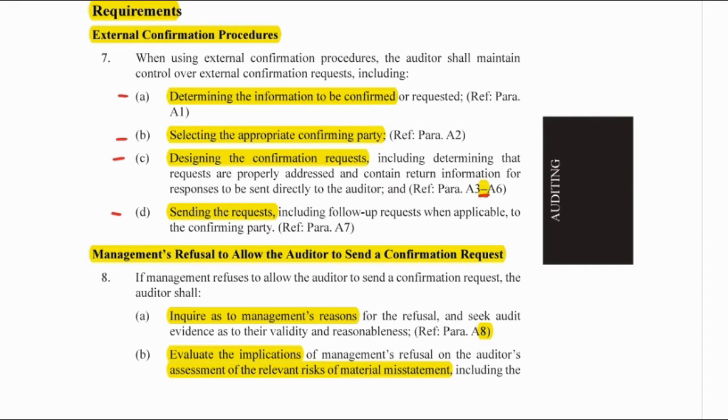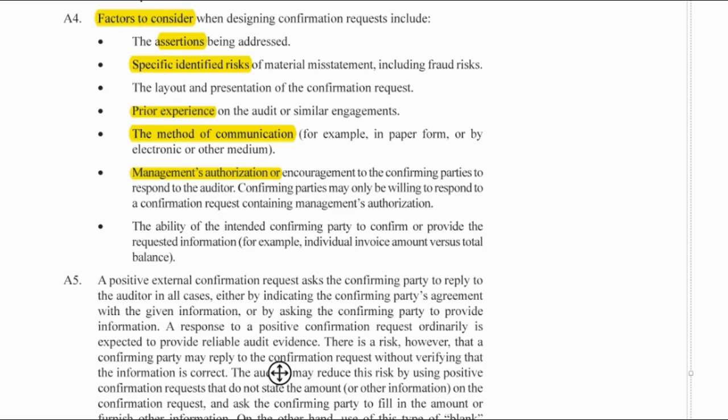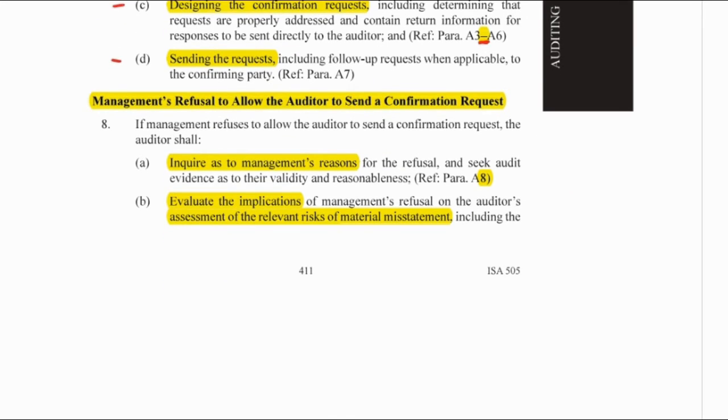Okay, I've just highlighted here between A3 and A6. Because A4 says, here are some factors to consider when you're designing the confirmation. What assertion are you trying to get evidence over? Do you have any prior experience on the audit or similar engagements? Okay, has management given us authorization to be able to do this? Then, what happens if management refuse?